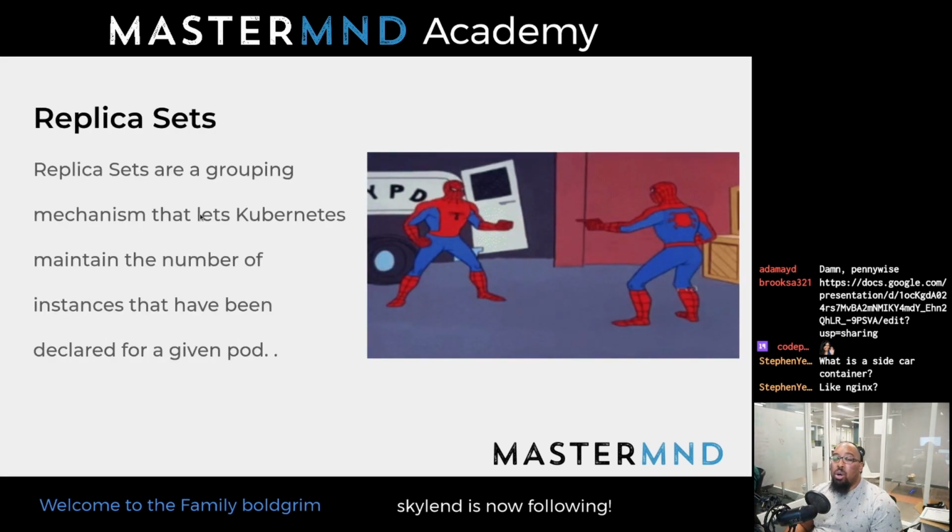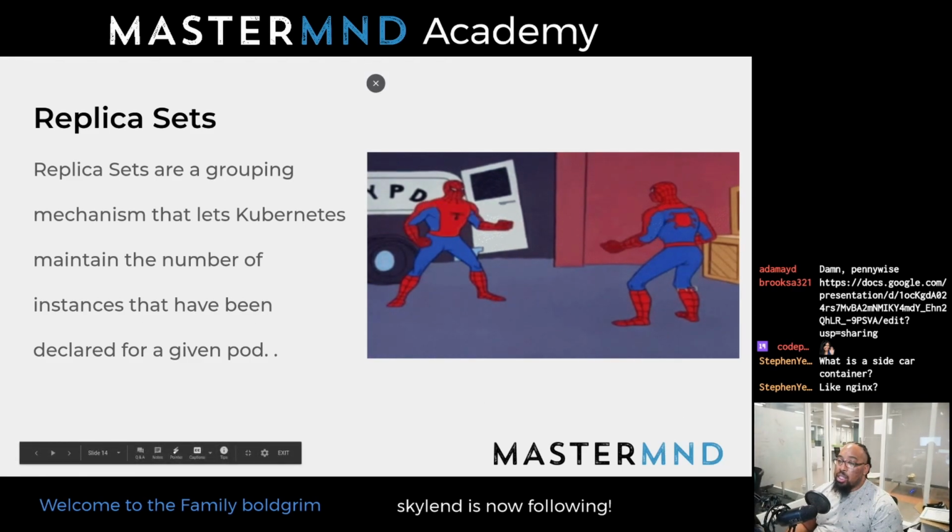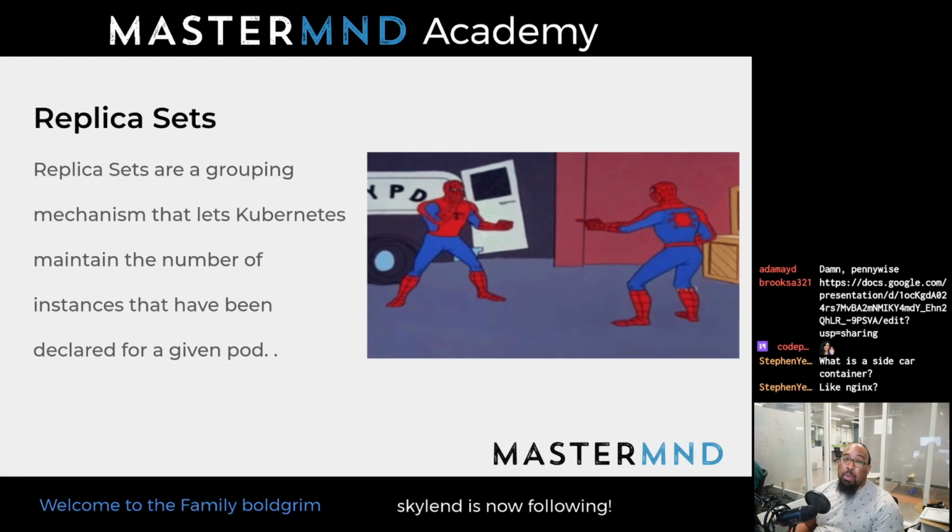Replica sets, so we're going to get into deployments and things here, but replica sets are a grouping mechanism that allows you to create replicas of these pods, so that you can easily scale up and scale down. There's some interesting functionality with that. Using a replica set, setting a replica set to 1 will ensure that Kubernetes keeps that service up no matter what.